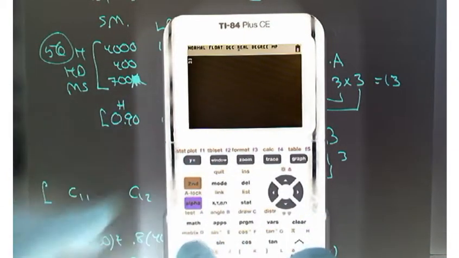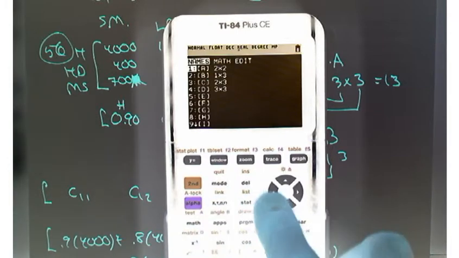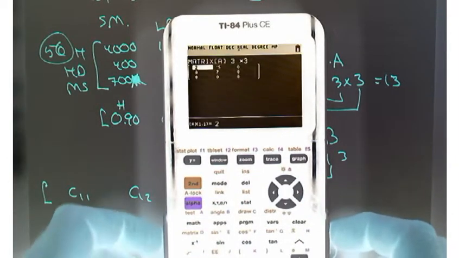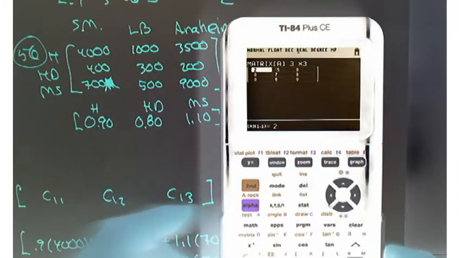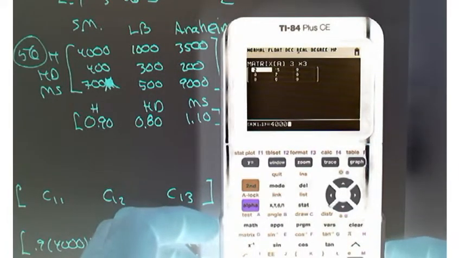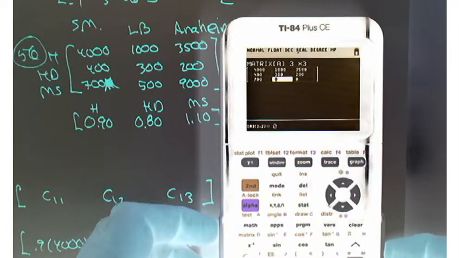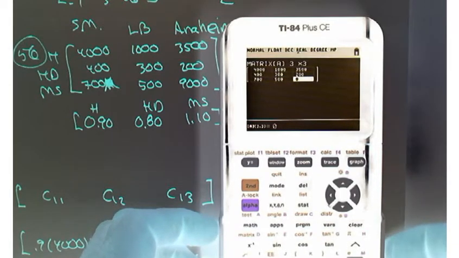And matrix A was a 3 by 3 with entries of 4,000, 1,000, 3,500, 400, 300, 200, 700, 500, and 9,000.